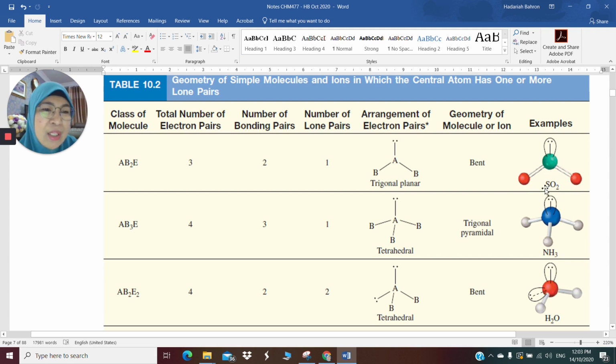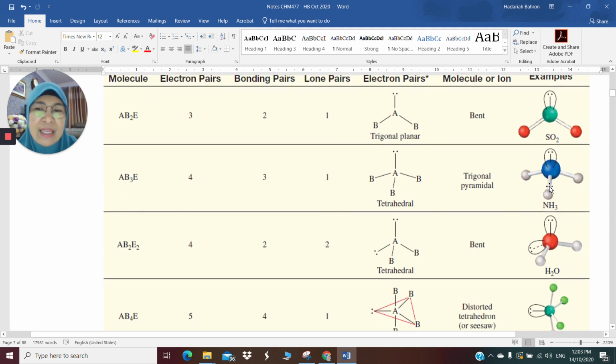Now, if you take the next situation where you have AB3E, that means 3 bonding pairs and 1 lone pair of electrons, the 4 will arrange themselves in a tetrahedral manner, but the lone pair is going to be invisible.